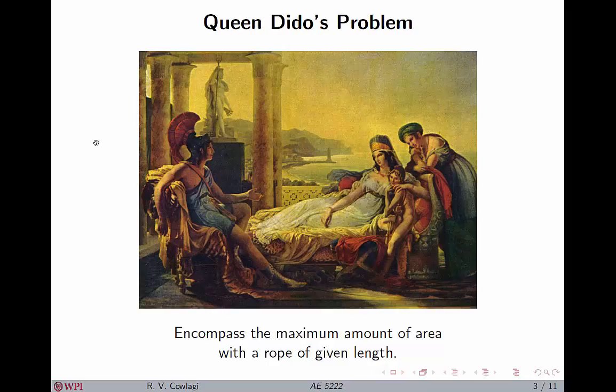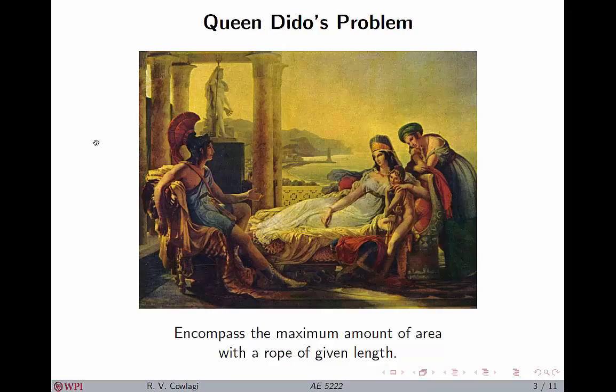Legend has it that Queen Dido, who was apparently the first queen of Carthage, which is now modern-day Tunisia, was in exile, and she landed up in a portion of northern Africa, and she met a local tribesman who said that she could have as much land as possible, but the condition was that she had to cover all that land with an ox hide, as in the skin of, well, presumably dead ox.